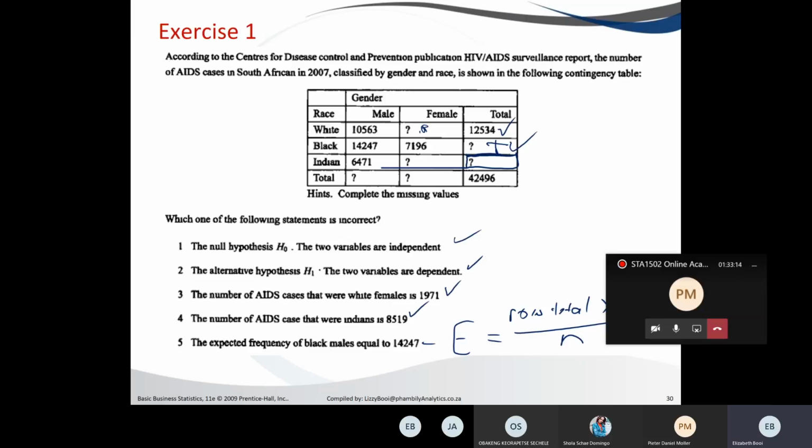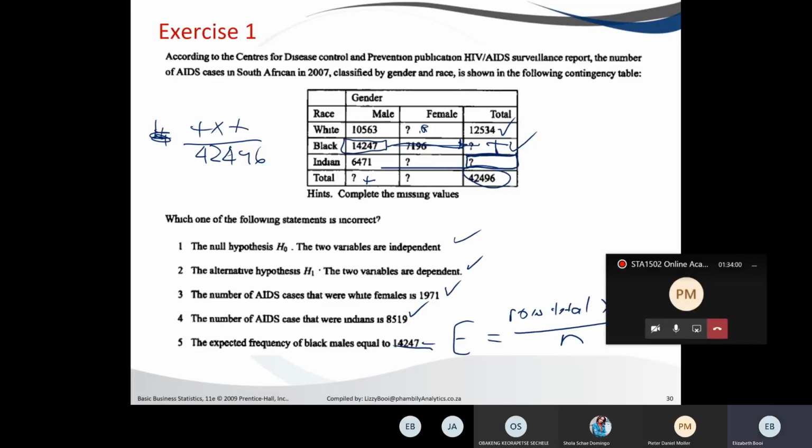Which makes the expected value for black males this. If we take the total, which is the plus that I have there, and we also take the total here, which is the other plus, we multiply them together, divide by the grand total of 42496, we should not get 14, we should get a number lower or higher than that.